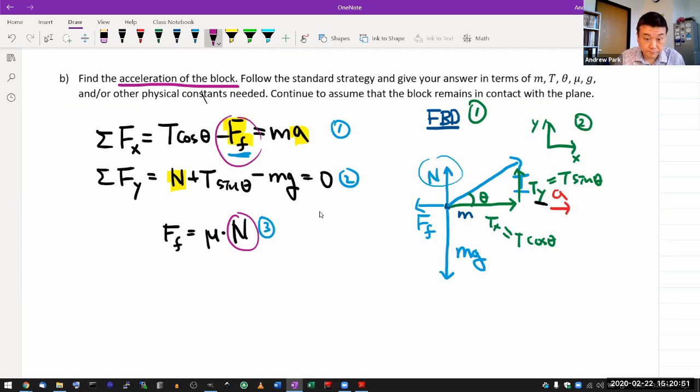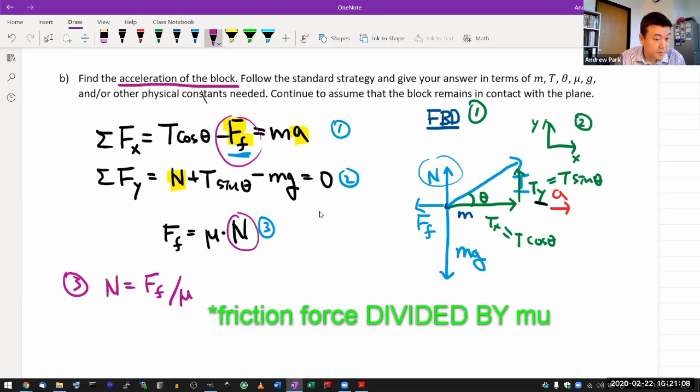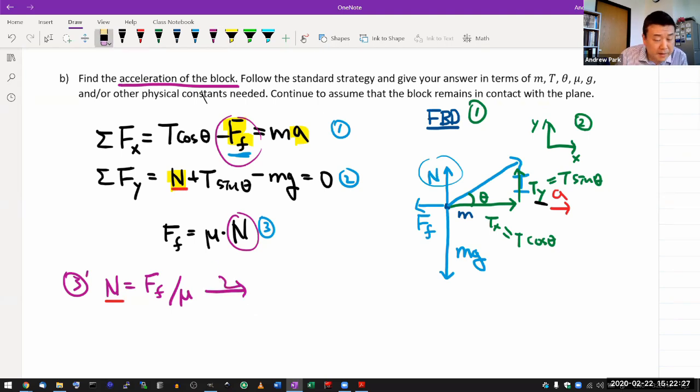So, let me solve equation 3 for normal force. Then I have normal force is equal to friction force over mu. So that's 3 prime. Let me take this expression for N that I solved and plug it into equation 2.